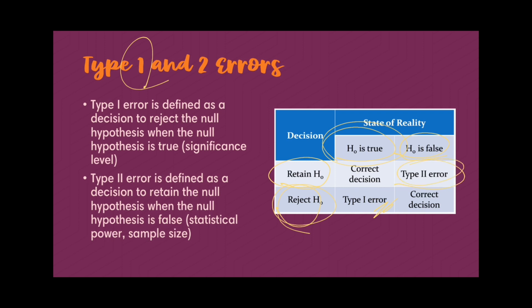Of course, what we would want to achieve is that when we interpret our findings as retain, or not reject, the null hypothesis, we really hope that, in reality, the null hypothesis is really true.